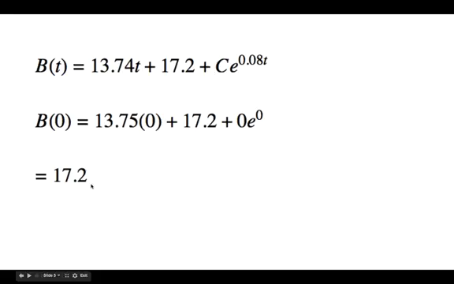So what this means is that at time t equals 0, we get that our bee population is 17.2, which means that our bee population must be greater than 17.2 at all times to have a positive constant in order for the population of bees to not die off.